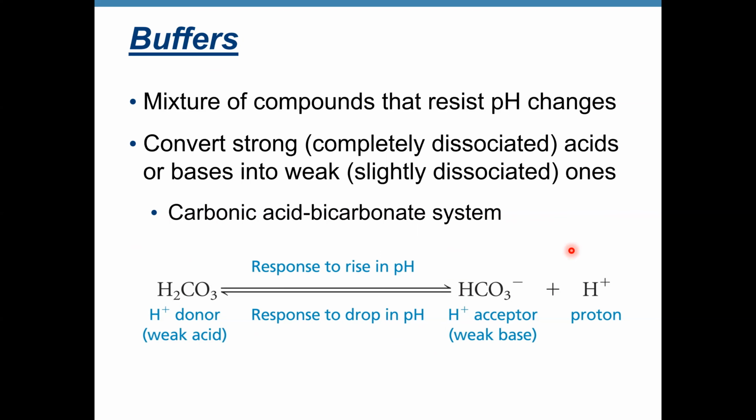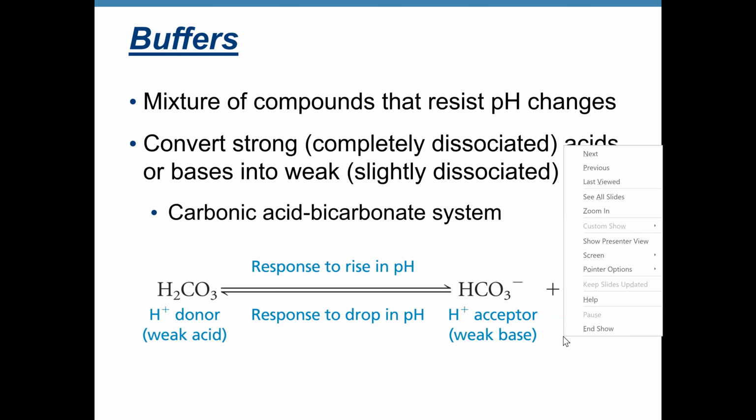For example, if the pH of your blood plasma goes up and up and up, that means you have more and more hydrogen ions. So let me see if I can pick up my pen. Right.